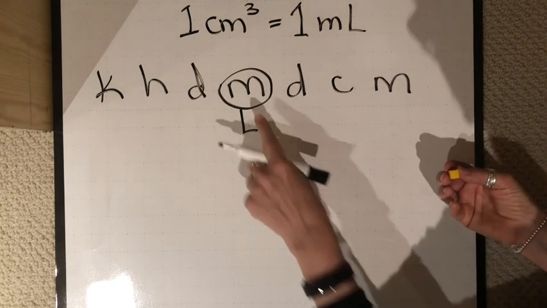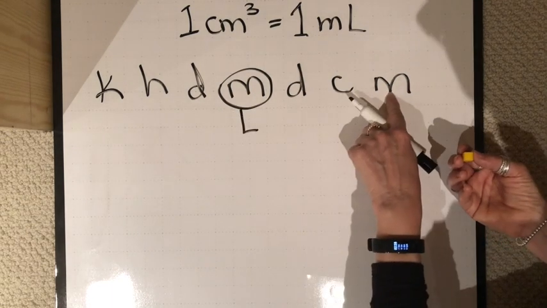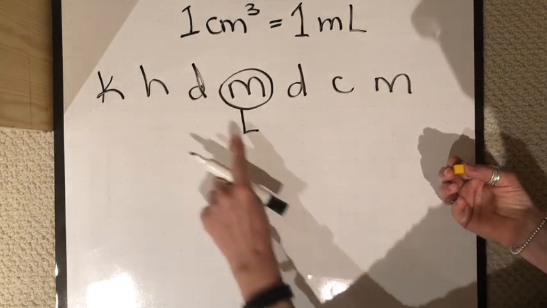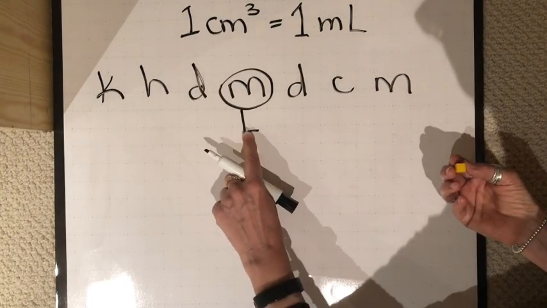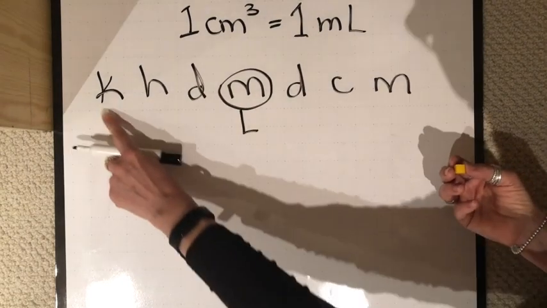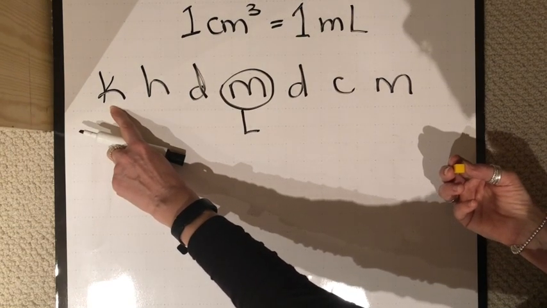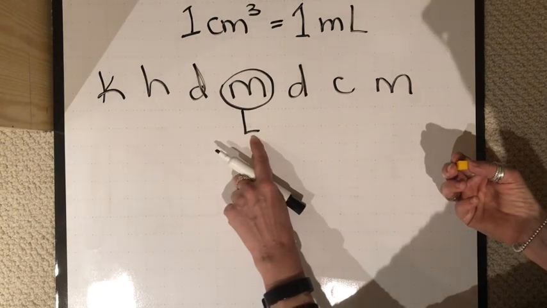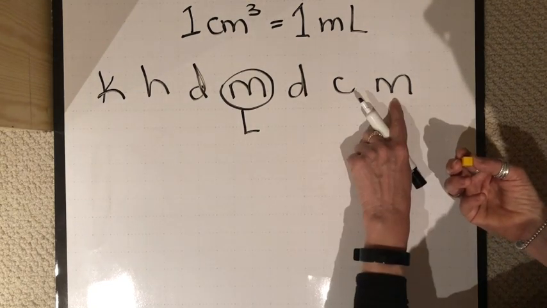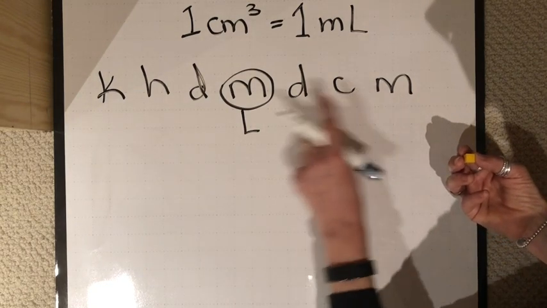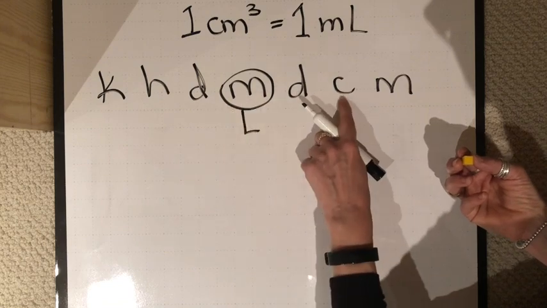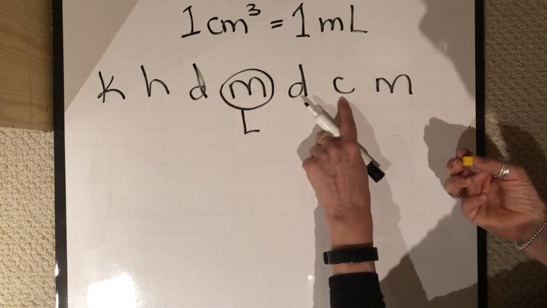So remember when we were talking about meters, we also use centimeters and millimeters and kilometers. When we're talking about liters, mainly it would be liters and milliliters, sometimes kiloliters if you're talking about something very, very large like a swimming pool. But for now, let's just concentrate on liters and milliliters for capacity, and meters cubed and centimeters cubed for volume.